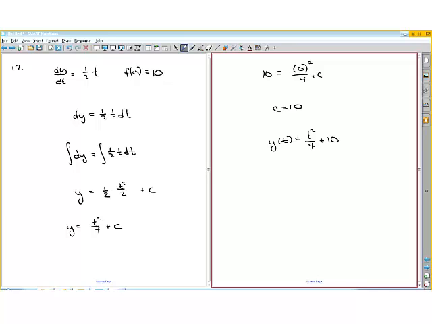It also says use a graphing utility to graph the solution. So let me minimize that, open up the graphing program, and I'll share that for you. Okay, so here we are.